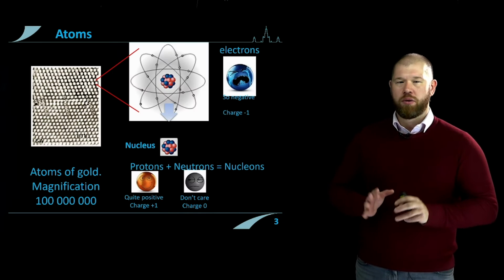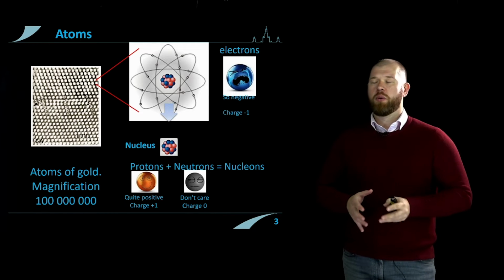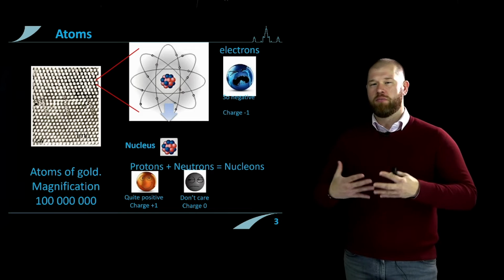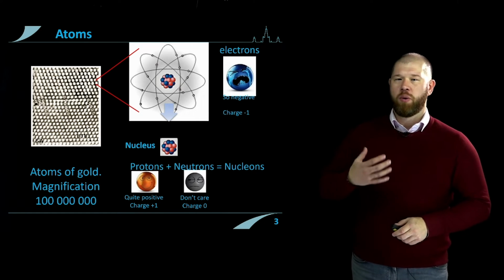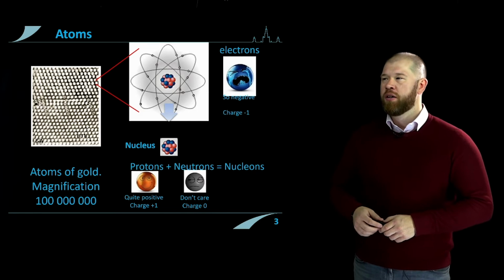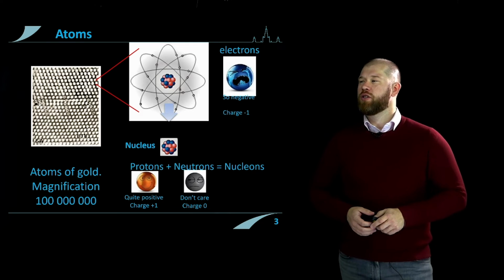But we will stop for the moment at this term and we will go back to the basics of chemistry and physics, and we will see what the atom is and where the nucleus is in general.